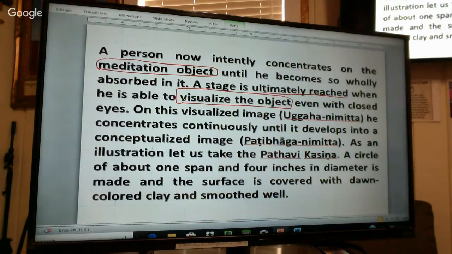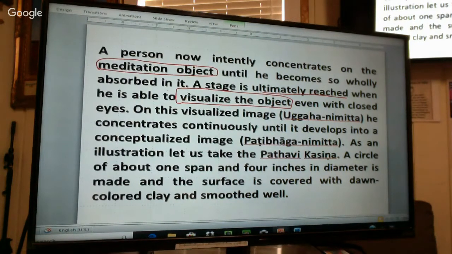Sometimes you close your eye and visualize that object. Finally, when you get the visualized object in your mind, you no longer need the outside meditation object. Continue practicing the visualized object again and again to get the jhana, to get the absorption.